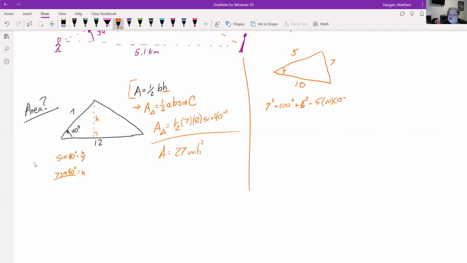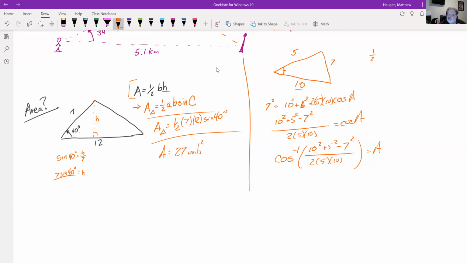So the area would then be 1/2 times the sides that make up the angle, times the sine of the angle between them, which, unless somebody has a decimal approximation for this right now, we could just use the cosine inverse of 100 plus 25 minus 49 over 100.